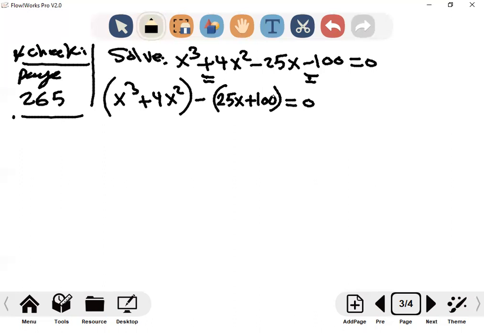Do the steps now. The common factor here, can you know it without making the step? You can know the common factor, greatest common factor, not any common factor. The x is a common factor, right? But is it the greatest common factor? No, I have x power 2. So search for the greatest common factor.